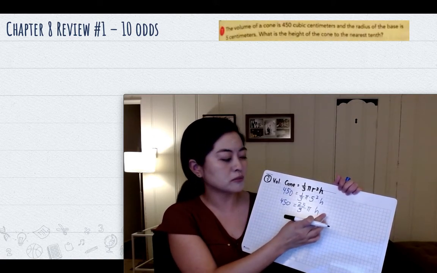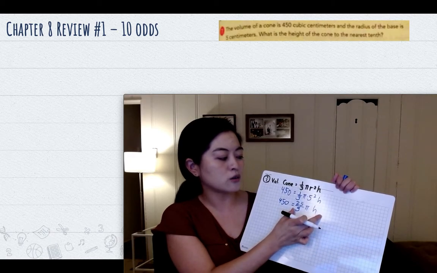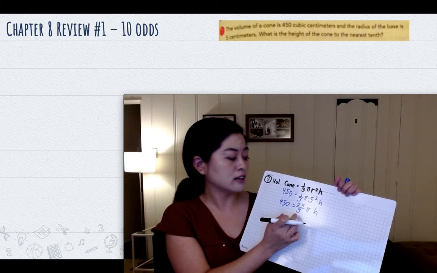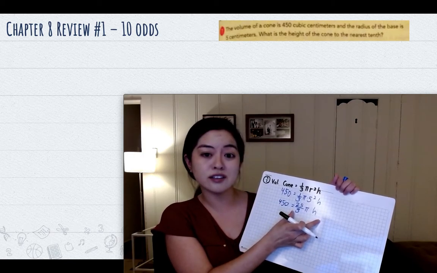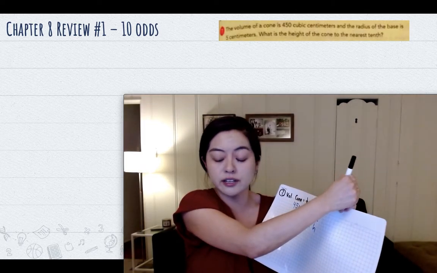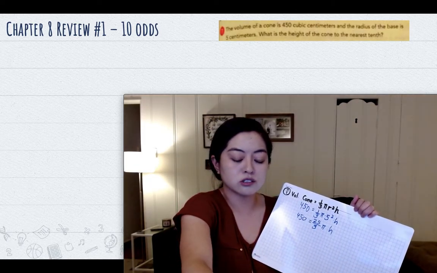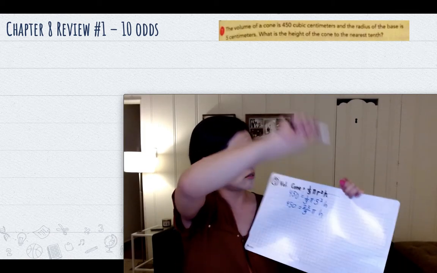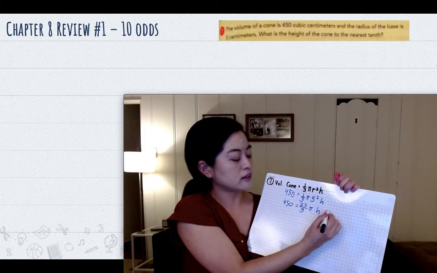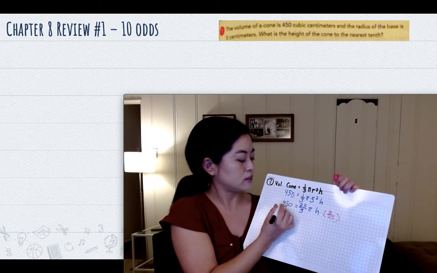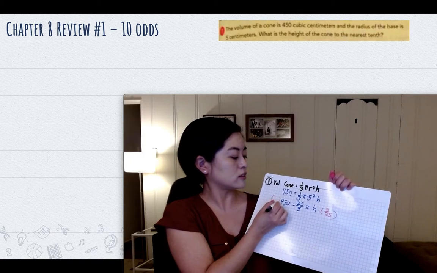So I'm going to multiply this side of the equation by the reciprocal of 25 thirds. And whatever I do on one side of the equal sign, I have to do on the other side to balance my equation out. Just to show you in a different color what I'm doing, here I'm going to multiply this by the reciprocal, 3/25, and whatever I do on one side, I have to do on the other side.